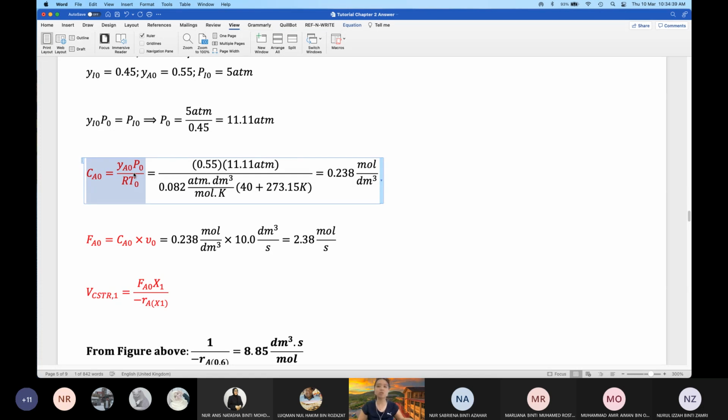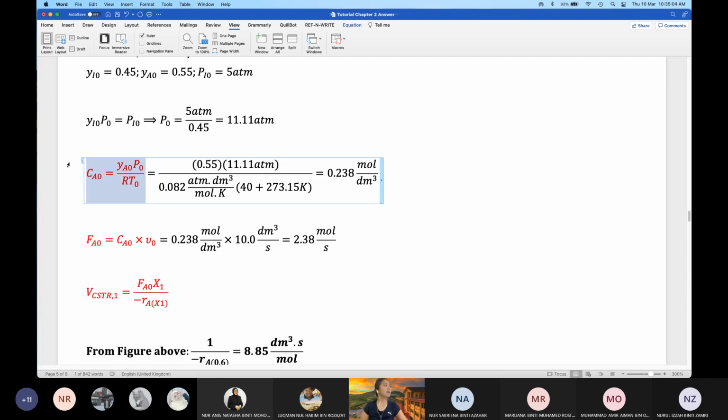Okay, so CA0 equals, sama je konsep, YA0 P0 per RT0. As I told you, tekanan tu nak cari untuk A, it must be pressure from A. Kalau dia beri kita total pressure, multiply dengan mole fraction A. Kalau dia beri kita terus pressure A, terus guna pressure A divide by RT0.